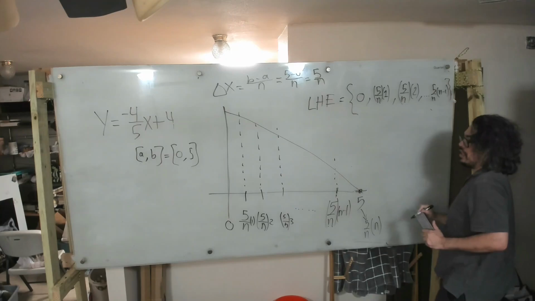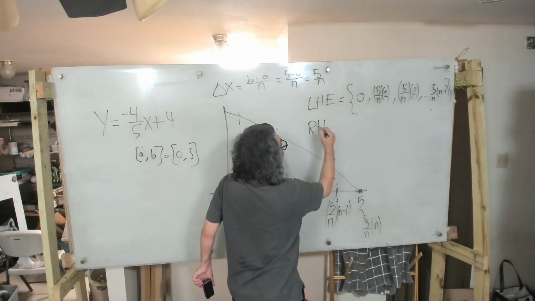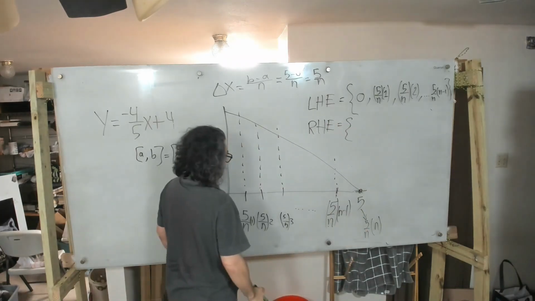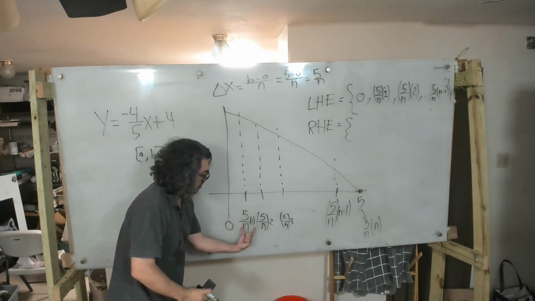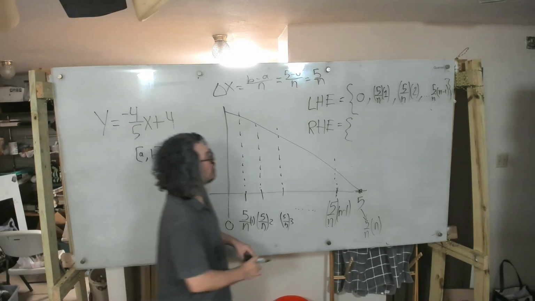Okay. By the same reasoning, we could list our right-hand endpoints. If we look at our first rectangle, our first rectangle would have right-hand endpoint 5 over n times 1.